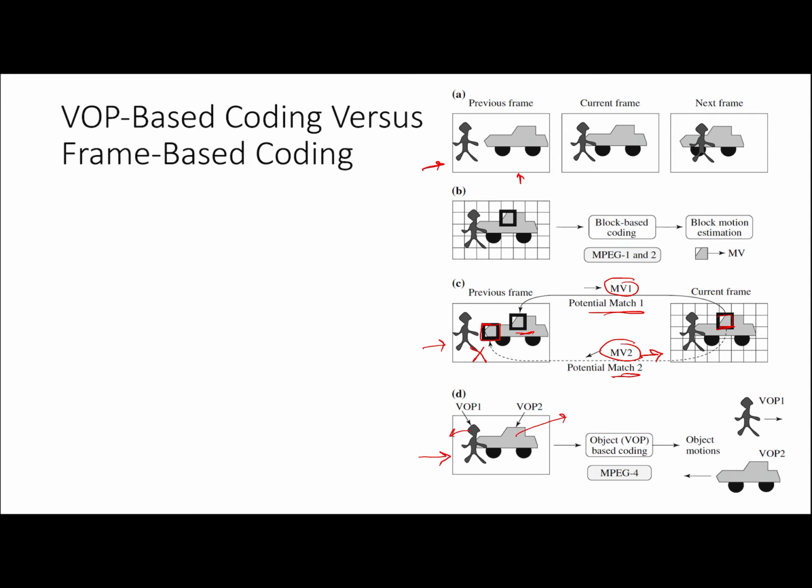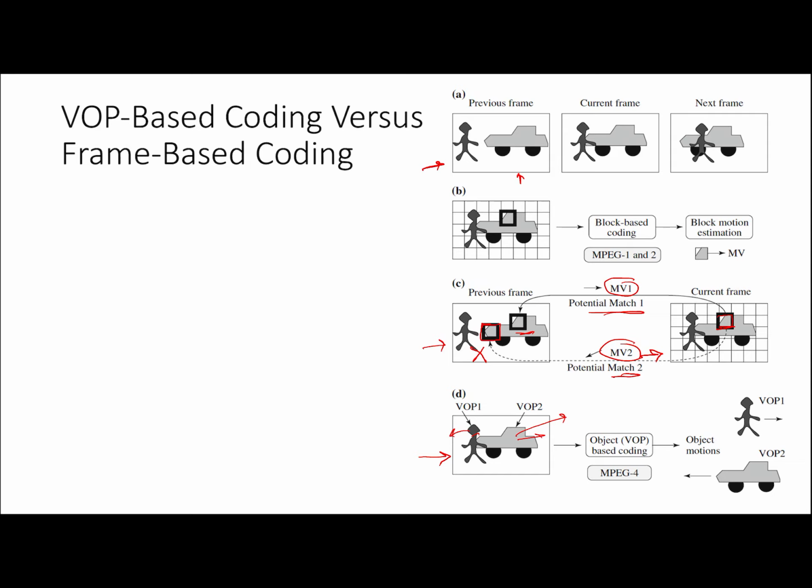Although we can see that motion vector 1 is consistent with the vehicle's direction of motion and not motion vector 2. So, this block based technique may not give us a correct prediction of the object's motion.